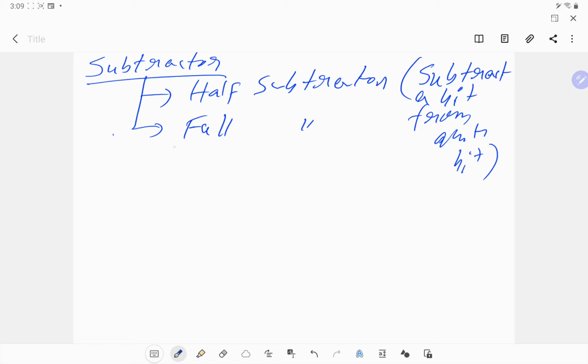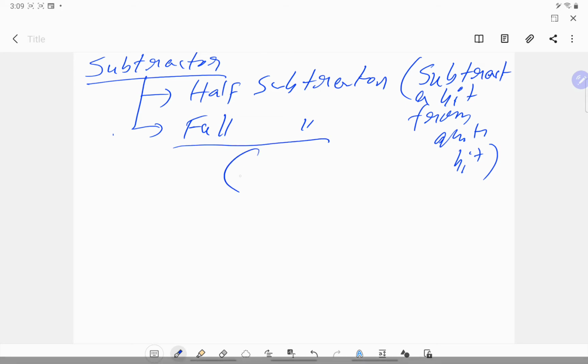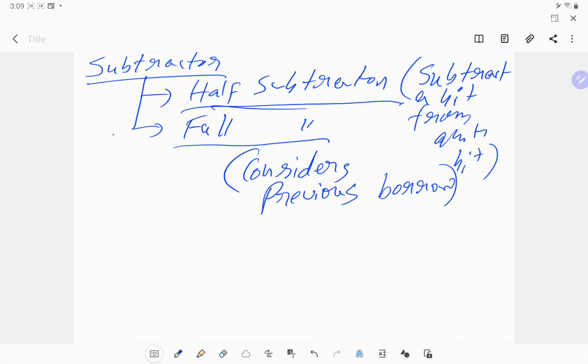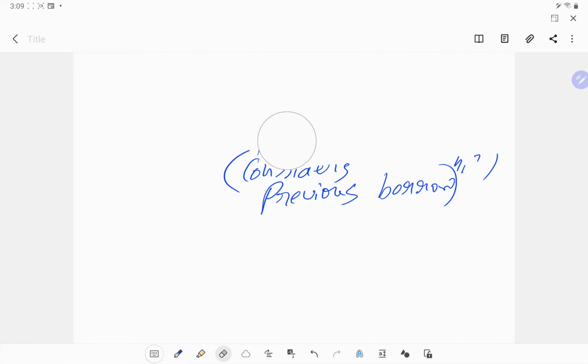And the full subtractor does the same thing, but it also considers a previous borrow. Okay, let's study the half subtractor first.